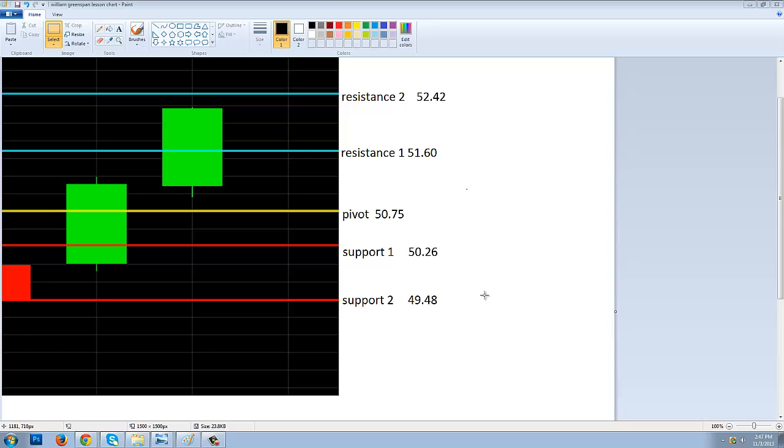So this is how to set up. As I told you before, for example, tomorrow will be Tuesday and today is Monday. When the day ends, you take all the information of the day here, the high, the low, and the close, and you make these lines for tomorrow. All these lines are made from this first green candle.